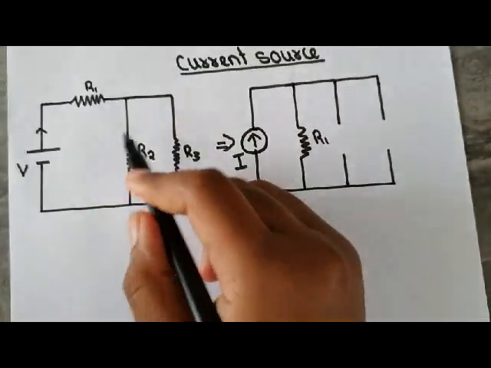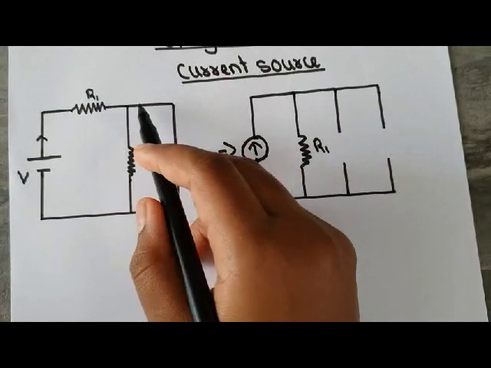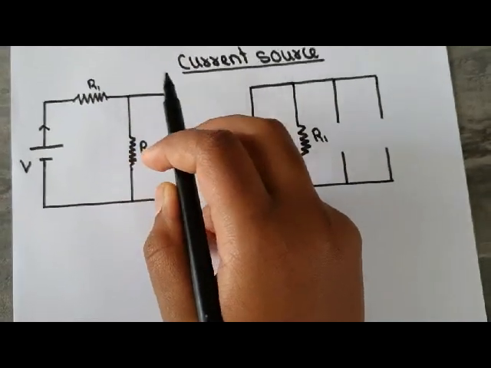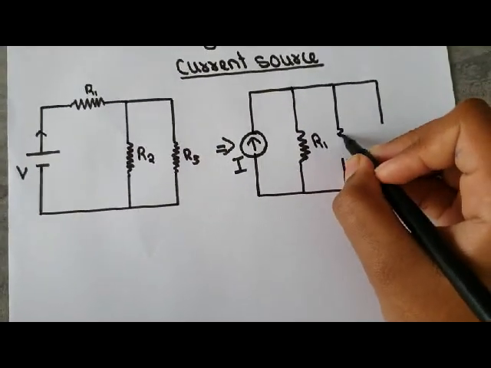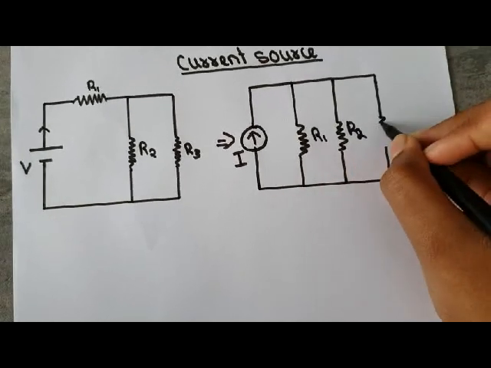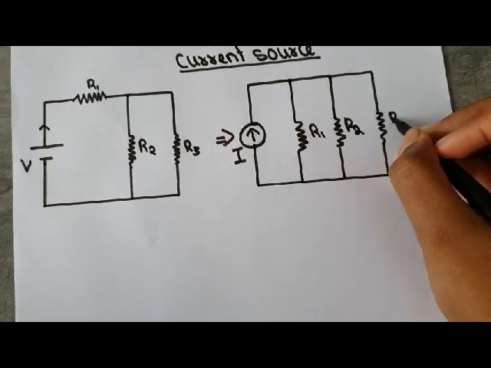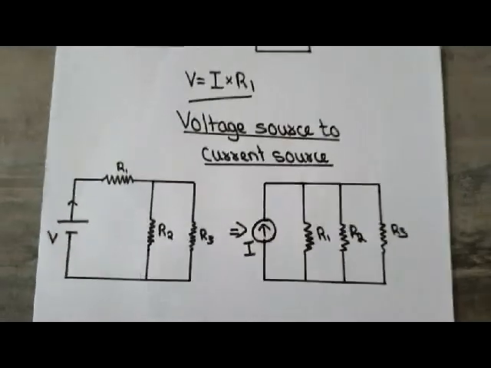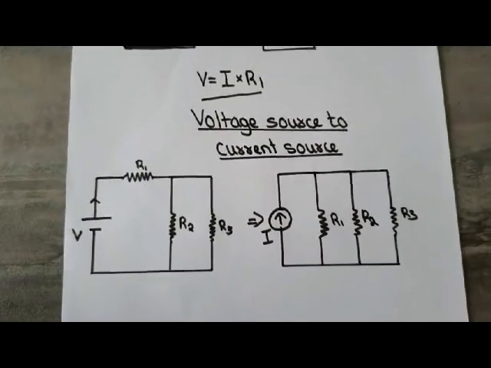And the other resistances are the same. If they are connected in series, they will stay in series. Here, since they're in parallel, you continue connecting them in parallel: R2, R3. So that's how you do it.